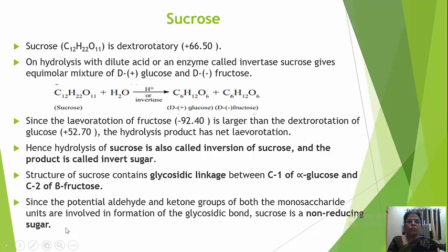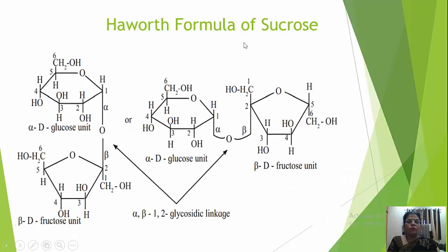Now look here, the structure of sucrose. This is the structure of sucrose according to the Haworth projection formula. This is the alpha D glucose unit and this is the beta D fructose unit. That is, when sucrose undergoes hydrolysis, it gives alpha D glucose and beta D fructose.